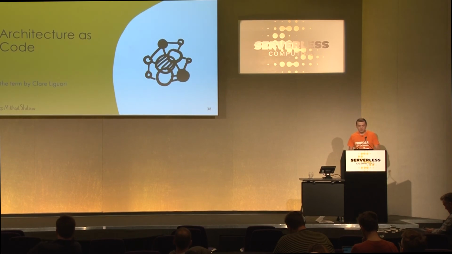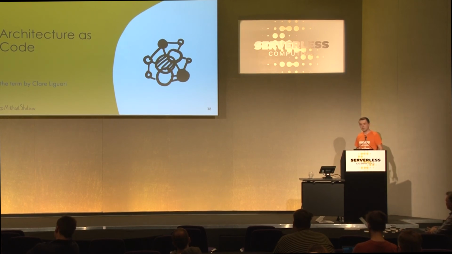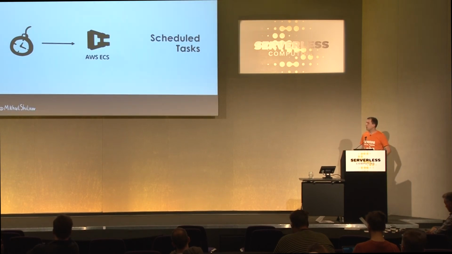So the bigger intention here, I think, for me, I borrowed this term from a blog post by Claire, that we move from infrastructure as code to architecture as code. We can reason on higher level of abstractions, or actually on the level of abstraction that we want to. So let's say you draw a diagram like this.